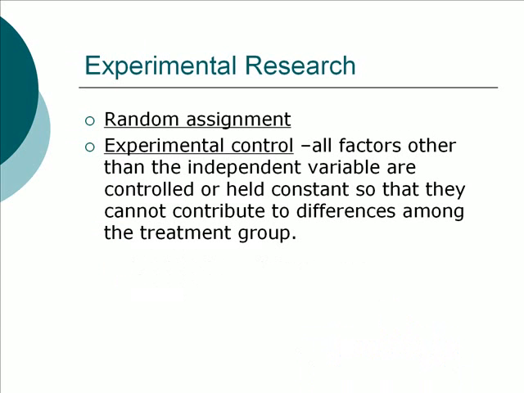In experimental research, random assignment is very important. When we talk about random assignment, this is just like the random sampling that we talked about in earlier modules. Random assignment of participants to experimental conditions is a way of ensuring that the treatment groups are similar in all respects at the outset.